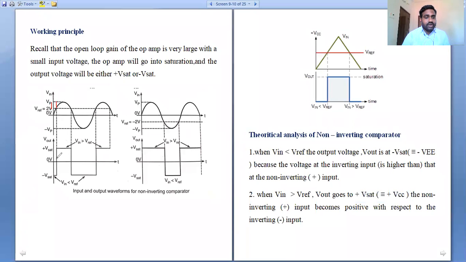The voltage starts building here. Later, from here to here, the input voltage is greater than the reference voltage. That's why here we got plus Vsat. Okay, and the next condition is also the same: the input voltage is greater than the reference voltage. From this instant to this instant, the input voltage is greater than the reference voltage. That's why we got the plus Vsat condition.